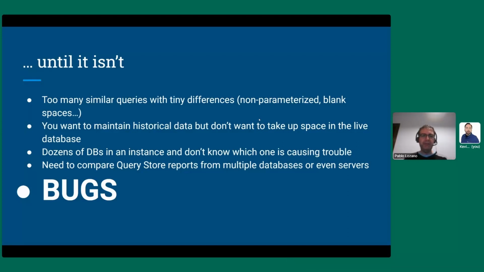There are also some limitations. If you have dozens of databases in an instance and you're having issues but don't know which one is causing the issue, you will have to open every single one of them. You'll have to check the top CPU query on each of the databases and figure out which one is the worst, or aggregate all those queries on each database and figure out which database is the top consumer of CPU, tempdb, you name it.